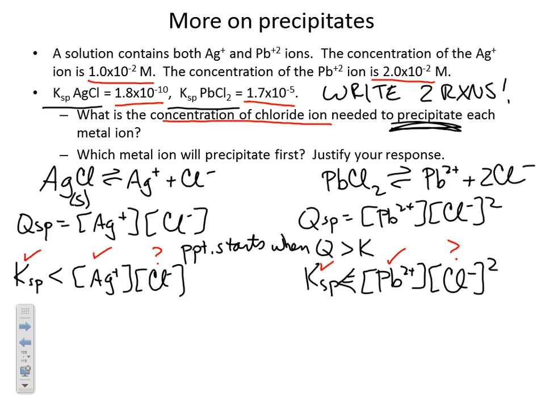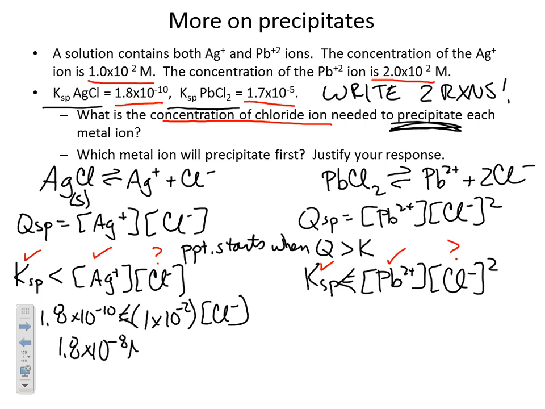So at this point I'm simply going to plug in and solve for chloride. For AgCl, I've got 1.8 times 10 to the minus 10th, and it's got to be greater than 1 times 10 to the minus 2nd times the chloride concentration. So the chloride concentration has to be greater than 1.8 times 10 to the minus 8th molar in order to start precipitating the AgCl.